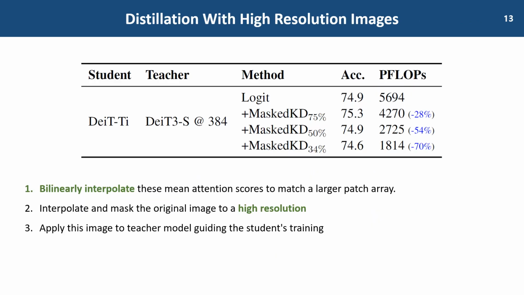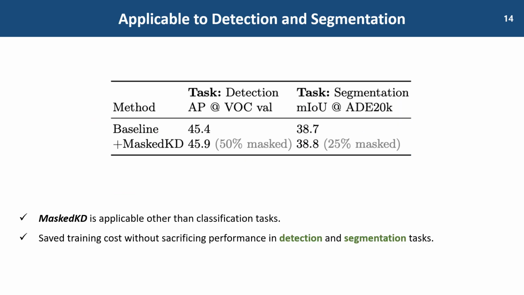We conducted experiments using higher resolution images. MaskedKD effectively distilled knowledge from teacher models trained at different resolutions, using interpolated attention scores. Finally, MaskedKD is applicable to tasks beyond classification, such as detection and segmentation tasks.